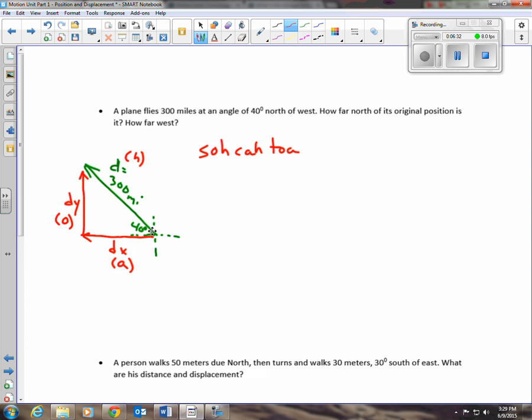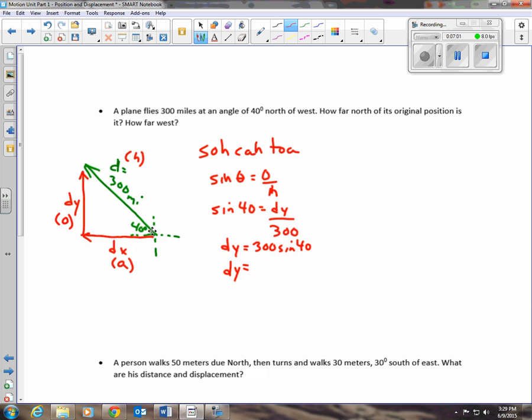do all the steps. So I can say sine of theta is opposite over hypotenuse. Okay, my opposite side is dy, so I'm going to get sine 40, because that's the angle, equals dy over hypotenuse, which is 300. Then I can cross multiply, and I would get dy is 300 sine 40.